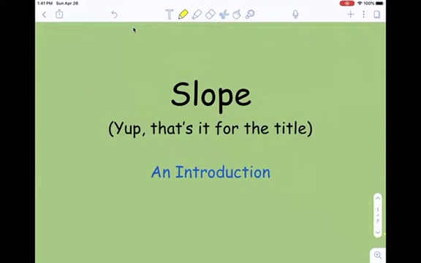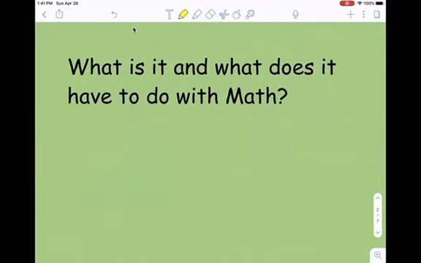Slope is a concept where we can quantify how steeply pitched something is, and what kind of an angle it's on. So for example, it says: what is it and what does it have to do with math?